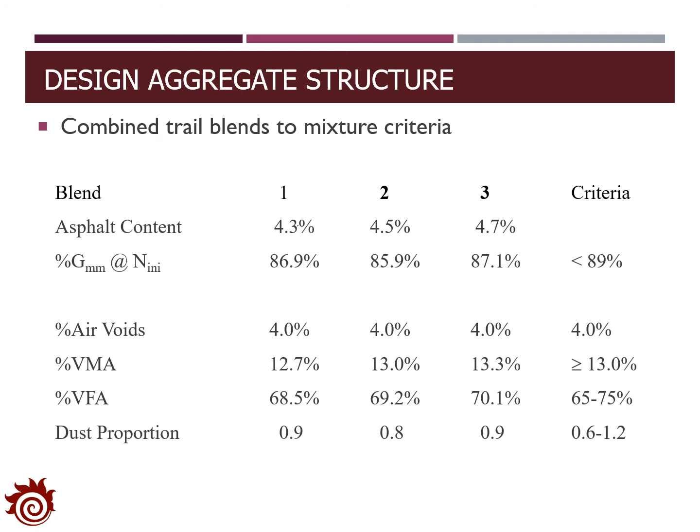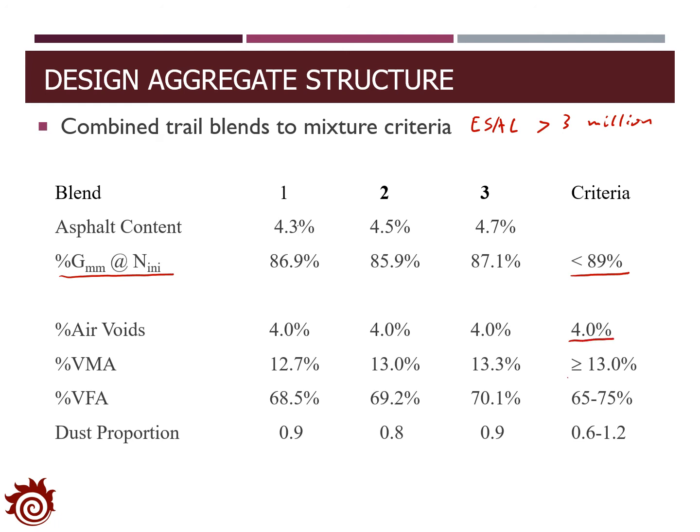In this example, we assume that the traffic load is set as ESAL higher than 3 million. And with this condition, we will have the criterion for the maximum specific gravity at N initial as less than 89%.